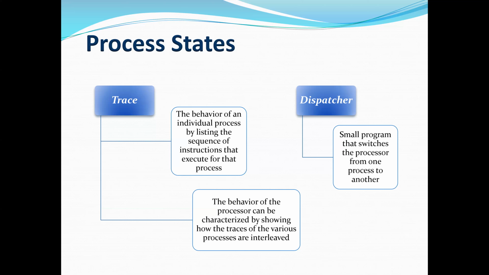We can characterize the behavior of the processor by showing how the traces of various processes are interleaved. The dispatcher is a very small program that switches the processor from one process to another.